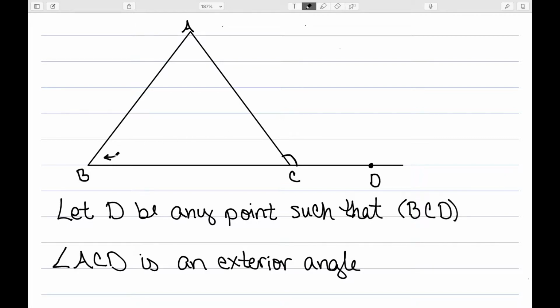On the other hand, angles A and B are known as opposite interior angles. So this can be expanded to any side, and we would be able to talk about both the opposite interior angles as well as the exterior angle.